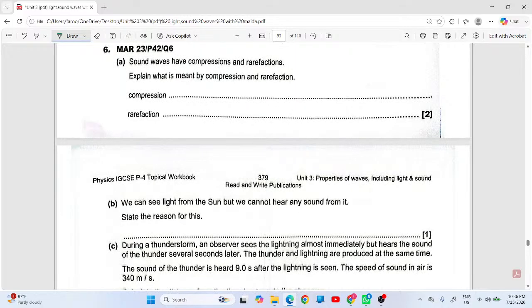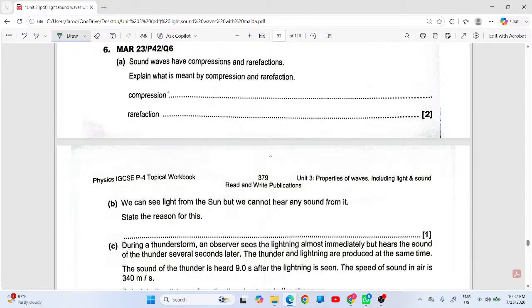Sound waves have compression and rarefaction. Explain what is meant by compression and rarefaction. Compression is the region where particles are close together and have greater pressure.